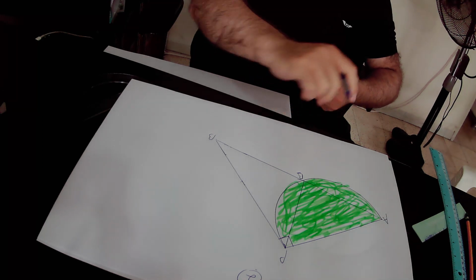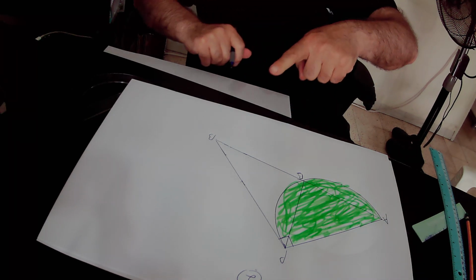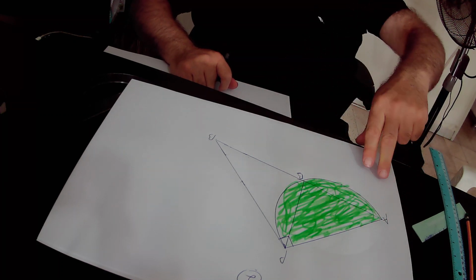This is the green semicircle that I copied from the original drawing. We have already found out that line segment BP is perpendicular to PA.